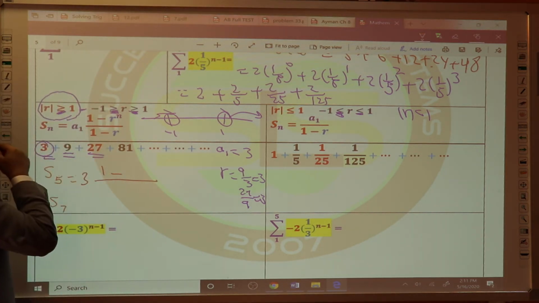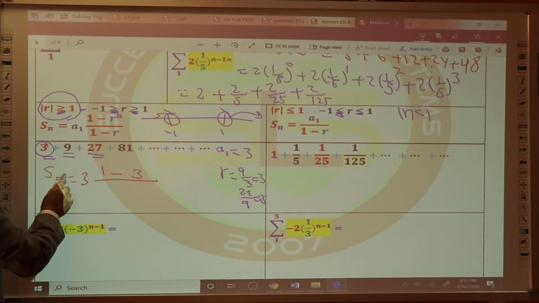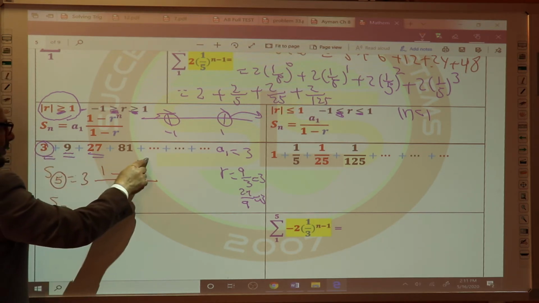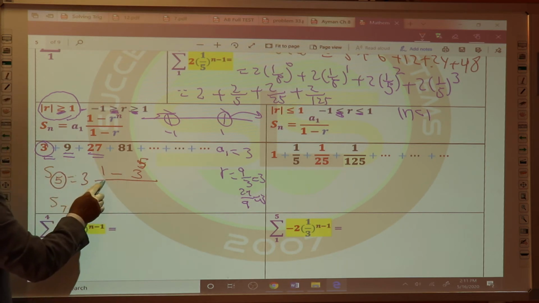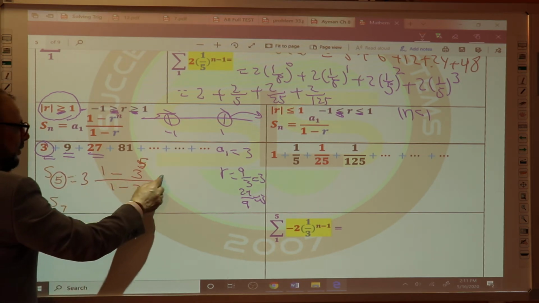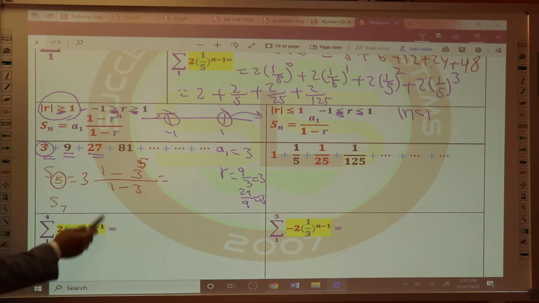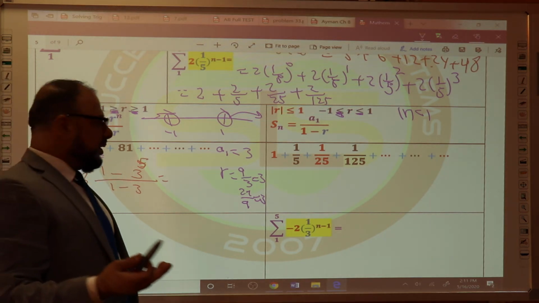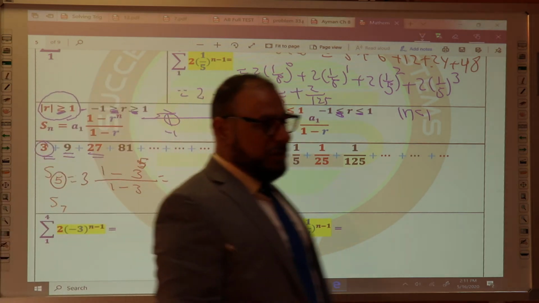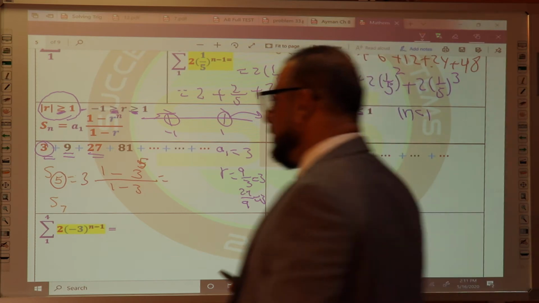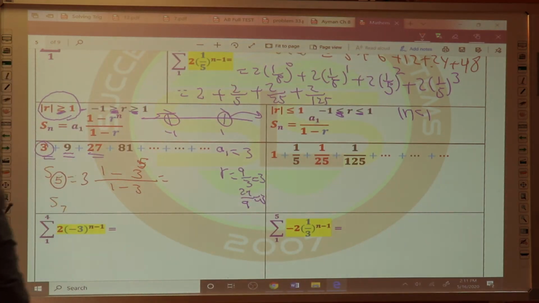How many terms do we need? 5 terms, over 1 minus 3. 3 to the 5 is how much? 243, because 3 times 3 is 9, times 3 is 27, times 3 is 81, then 243, right?